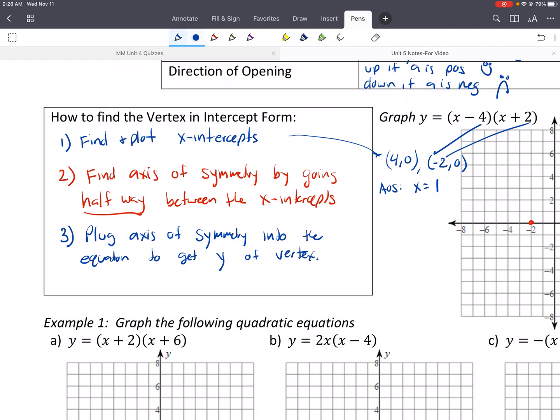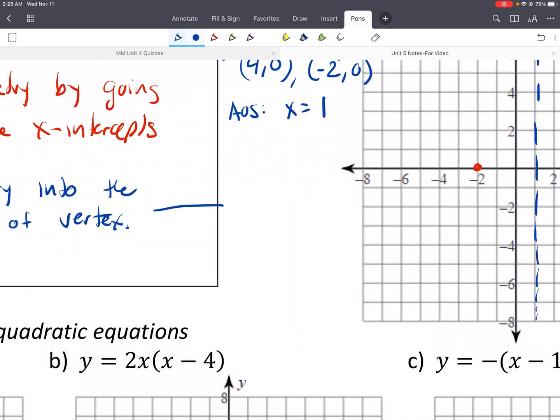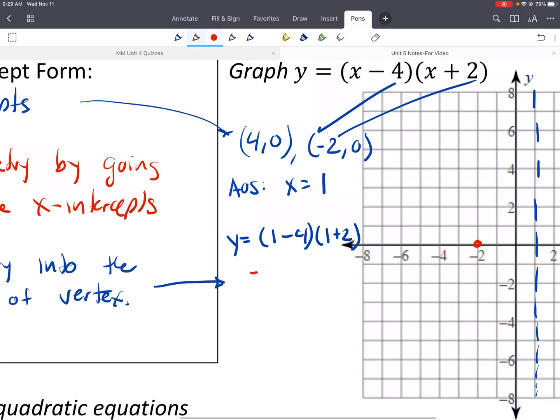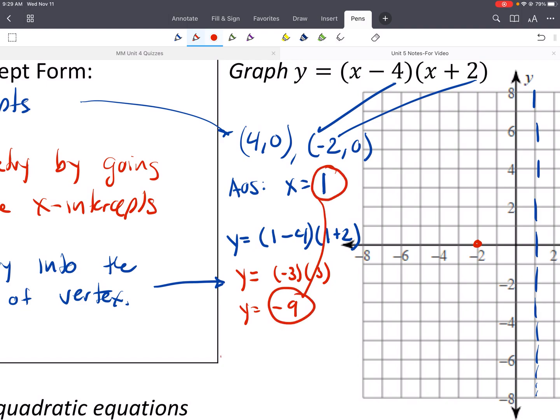Our equation was y is equal to x minus 4 times x plus 2. So x is 1. We're going to plug that in: 1 minus 4, and 1 plus 2. Then we'll simplify it. 1 minus 4 gives you negative 3, and 1 plus 2 is 3. So we get y is equal to negative 9. So this would be our vertex. Our vertex is 1 comma negative 9.